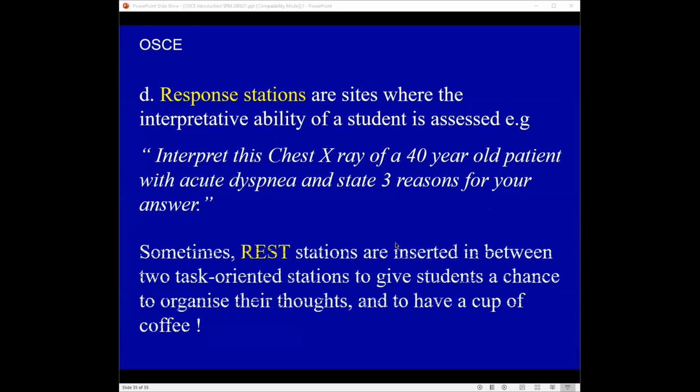And of course, in between, we put rest stations so that it's just like the spotters where we have blanks in between where the student can collect his mind a bit and perhaps have a cup of coffee. So in other words, these are 4 types of stations that we set up for our OSCE sessions, which are history taking or procedure stations or communication stations or response stations and rest stations.